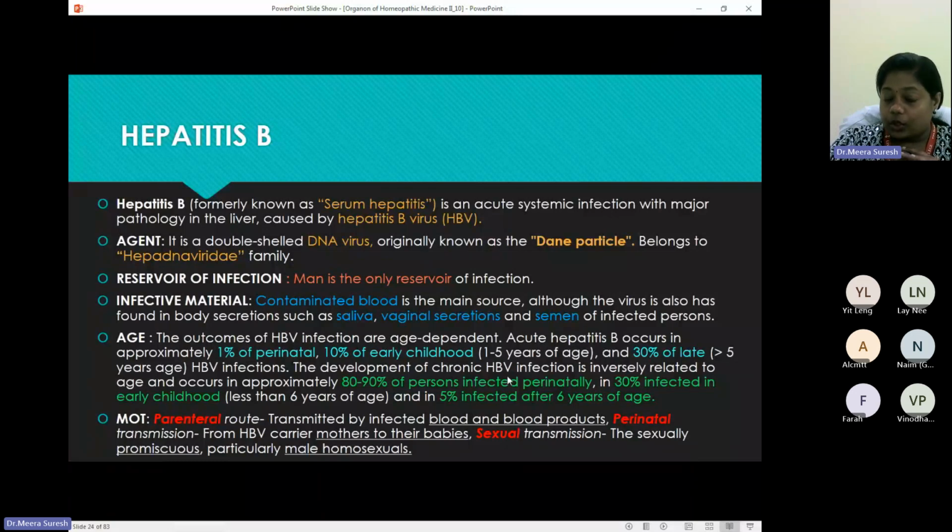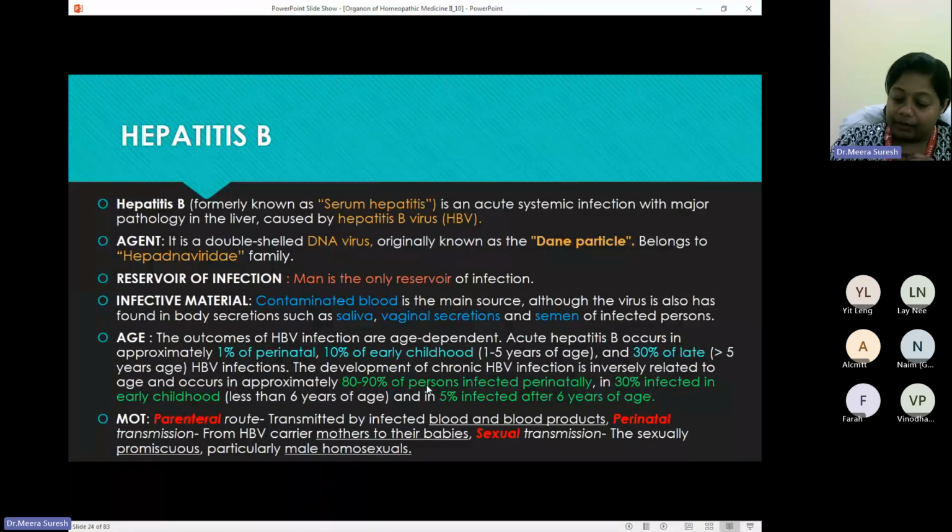So when we go for chronic HBV infection, we can see it is inversely related. That is, only 1% is infected perinatally, but out of that 1%, 80 to 90% of people can develop a chronic condition.